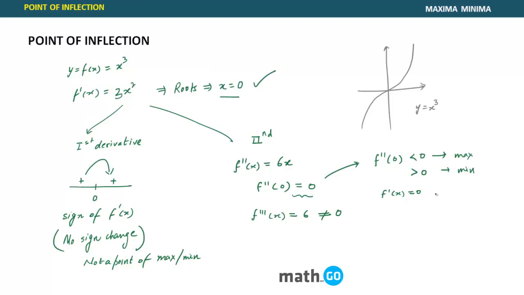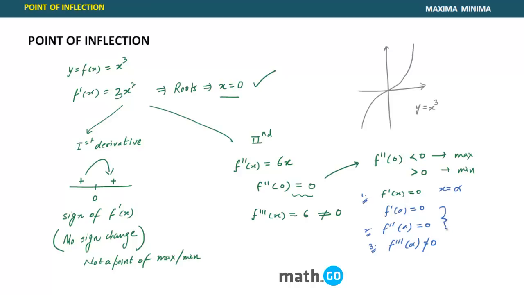Okay, so if you do the first step, that f dash x equal to 0, and you find the root as x equal to alpha, that means f dash alpha is equal to 0. Then you find the second derivative, and you find that at x equal to alpha, the second derivative is also 0. But then you find that the third derivative at alpha is non-zero, right?